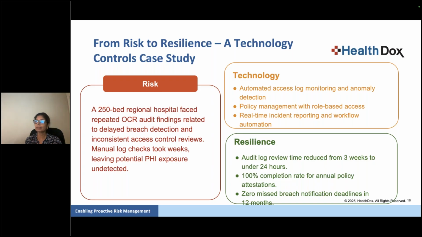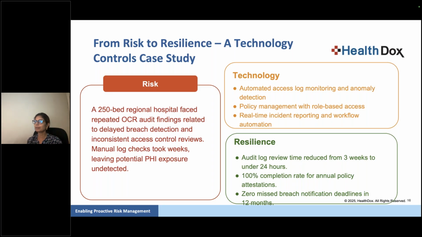So let's look at a real world example. Here is a case study where a regional healthcare provider faced multiple audit findings related to data access, breach detection, and encryption gaps. So basically almost every issue.